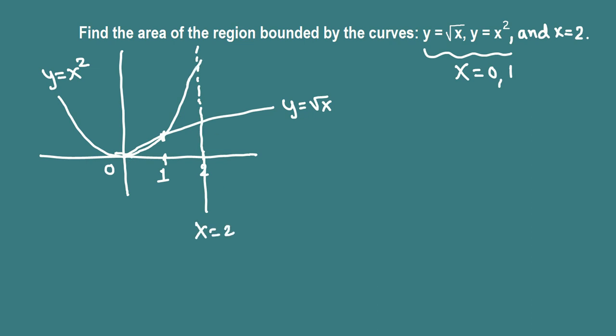So basically we are finding the area between these two curves here, this small area, and from 1 to 2 this area. Okay, y equals x squared, y equals square root of x. Let me graph this slightly better.